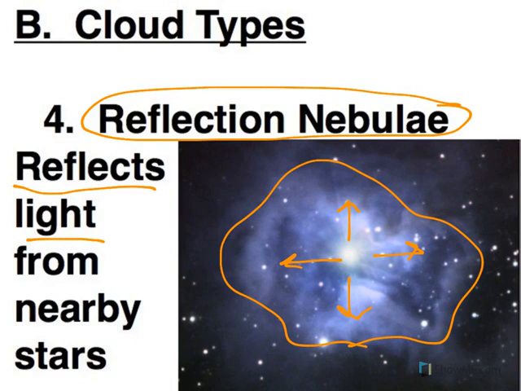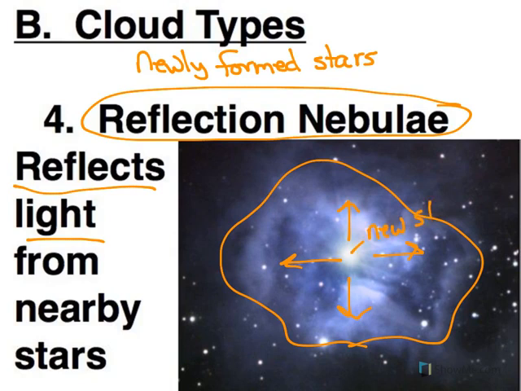This is often associated with newly formed stars, because stars form out of clouds of gas, but they don't use all of that cloud. And so for a brief period of time, you have a new star plus some of the material that it formed out of.